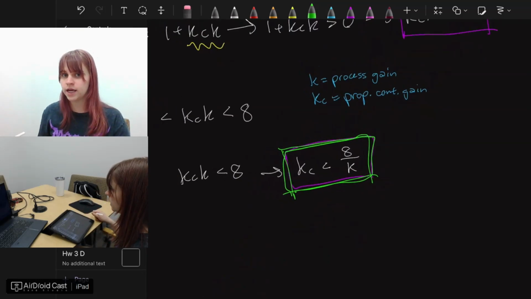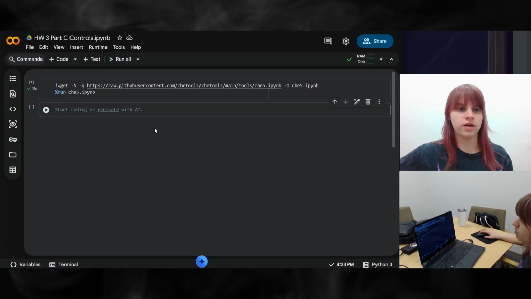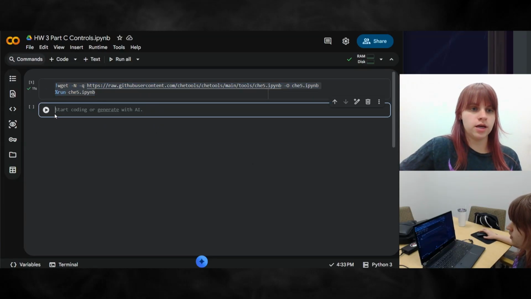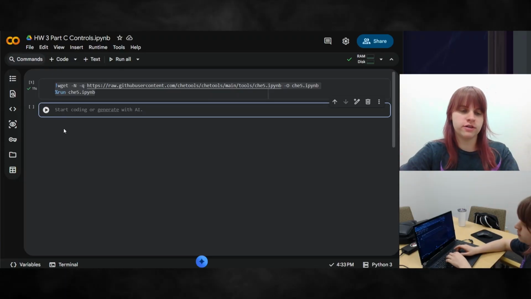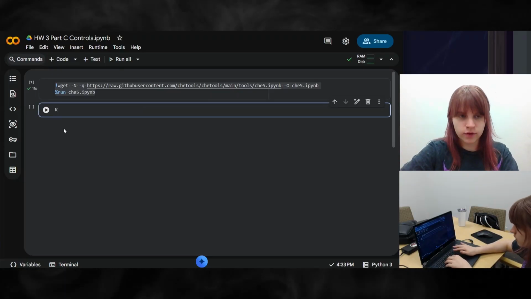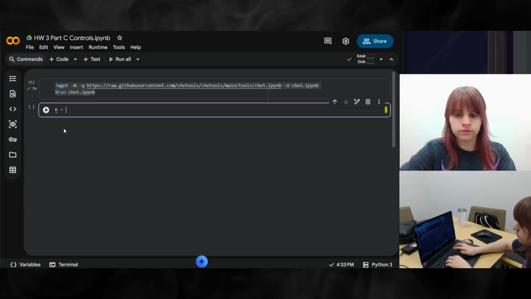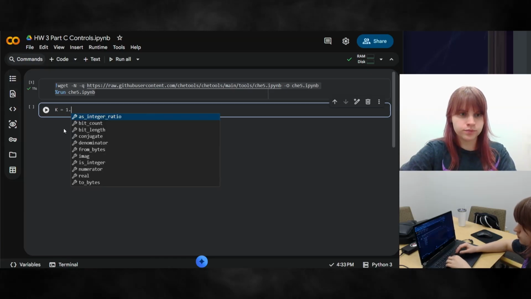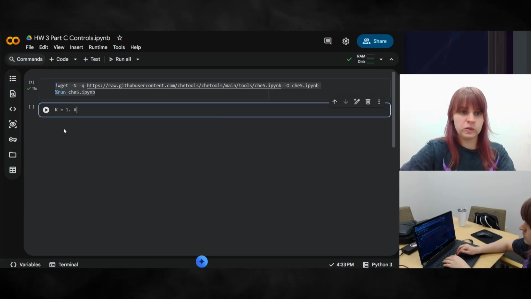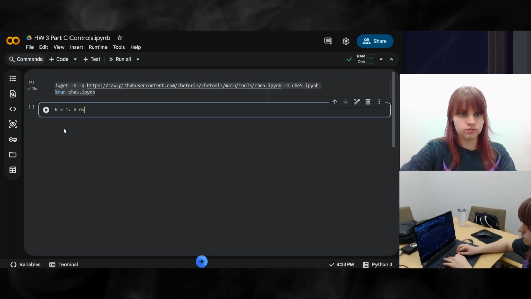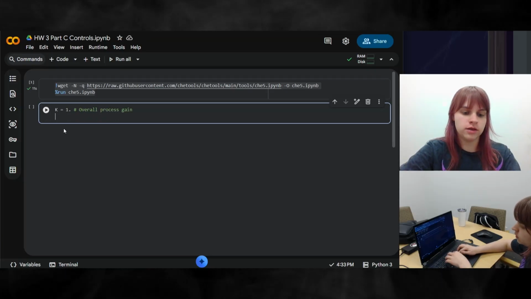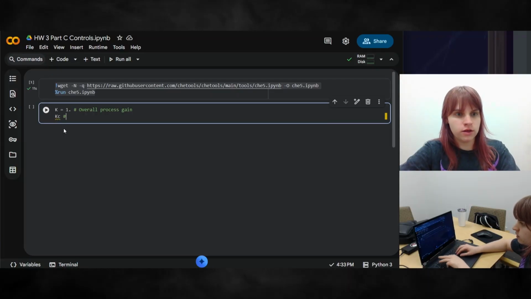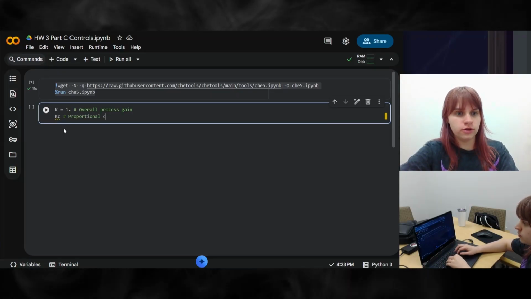I'm going to go ahead and jump into the code now. As always, we're starting off with our typical import, and what I want to do first is define our K, which is our process gain, and I'm going to set that to 1, just because that's pretty simple. Then we're going to define our Kc, which is the proportional controller gain.